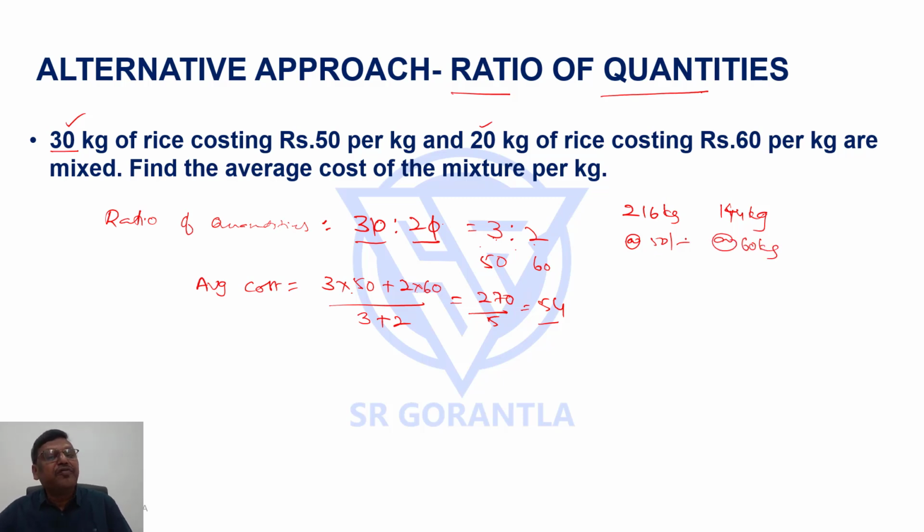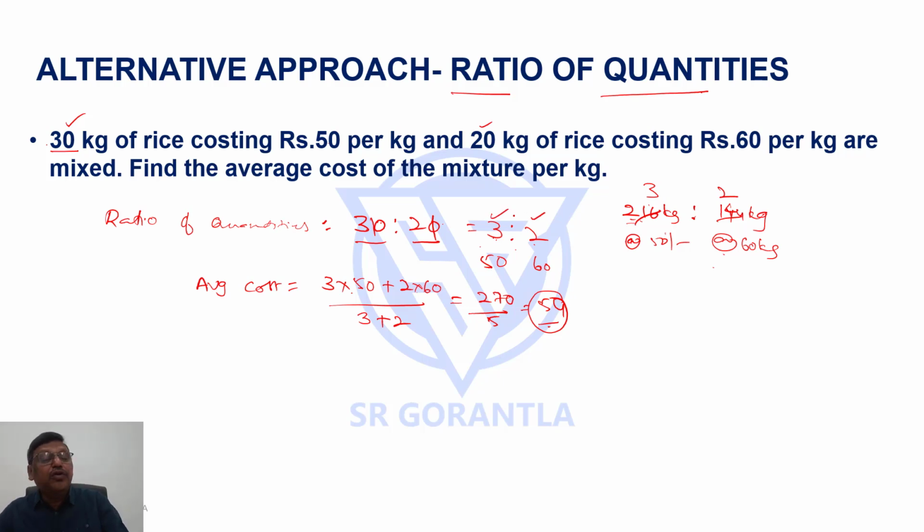What is the average price if I ask you? You can solve it and we'll get the same answer, because here also the ratio of the quantities is 72 threes, 72 twos, 3 is to 2. So whether it's 30 and 20 or 216 and 144, the ratio is the same, so your answer will be the same. You can check afterwards. So we don't need exact quantities. The ratio of the quantities is enough.